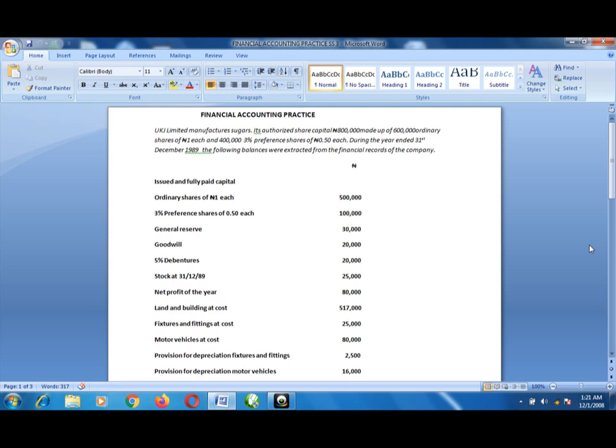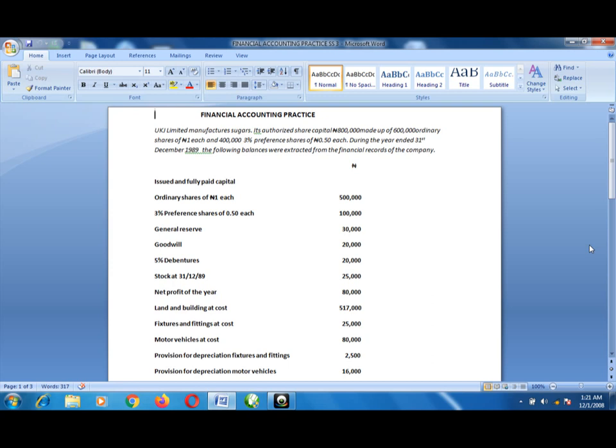And whereby the ordinary share does not have a fixed percentage of dividend, while the preferred share has a fixed percentage of dividend. And that is, whenever the question is given to you, the percentage will be attached to the preferred share value, while the percentage will not be attached to the value of the ordinary shares.